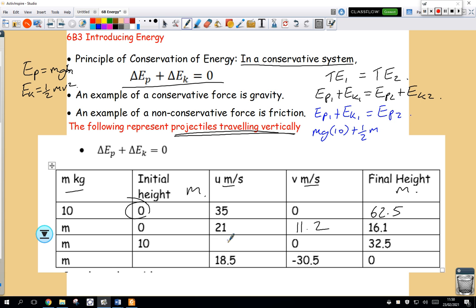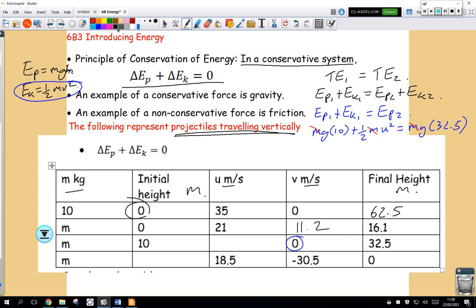We don't know what that is, so I'm just going to put in u squared, and that's equal to its potential energy at position 2, which is mg times 32.5. Notice that kinetic energy will be 0 because kinetic energy is dependent on speed. Here speed is 0, kinetic energy is 0. Again, note every single time the masses are all going to cancel.